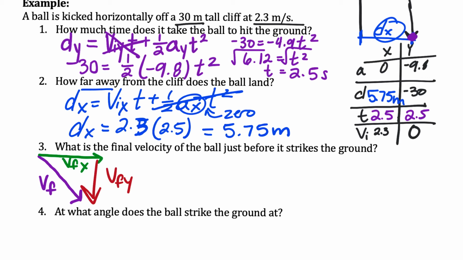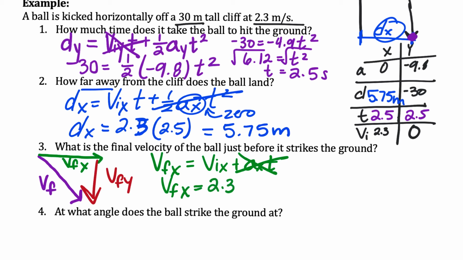So to find your final velocity in the x is real easy. It's technically the third formula on our sheet is what you're using. But because our acceleration is 0 in the horizontal, that's canceled out. And that means your final velocity is equal to your initial velocity of 2.3 meters per second. So there's no actual math, but just to show you where I'm getting that from is that formula.